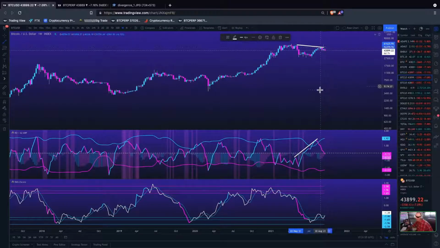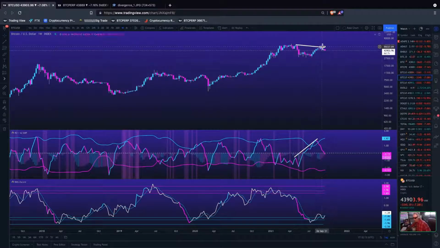There you go. Lower high on price action, higher high on the oscillator. Hidden bear divergence, telling you continuation of this trend right here.